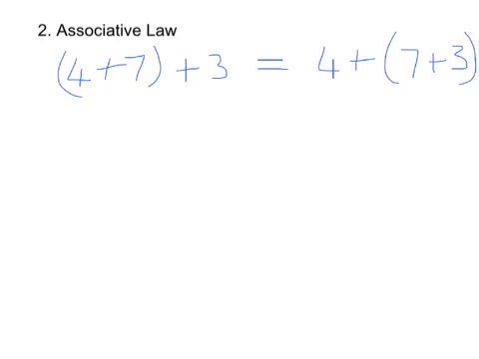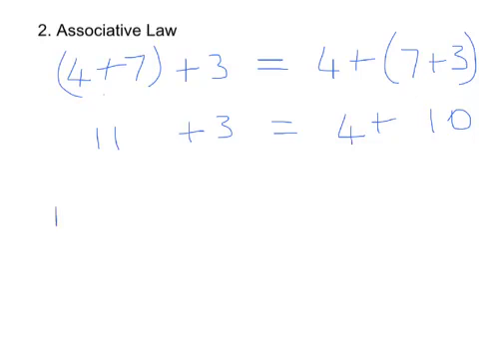Just take a moment to have a look at it. If I do 4 plus 7 on this side, that part there is equal to 11. And now I've got plus 3. Over this side, it's 10 plus 4. Are they the same? Well, they are.